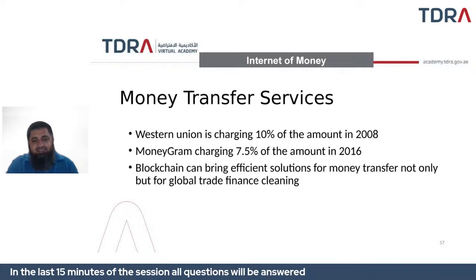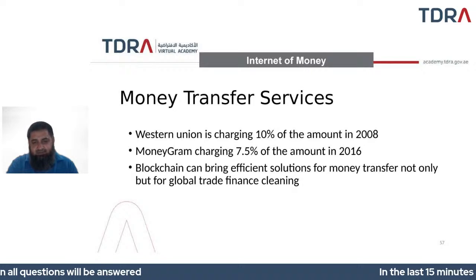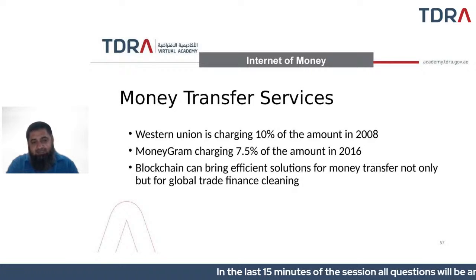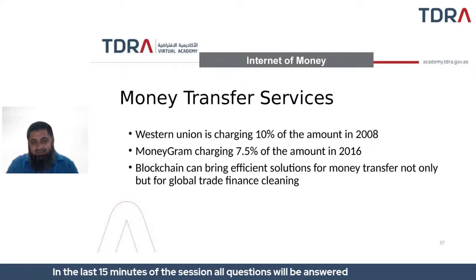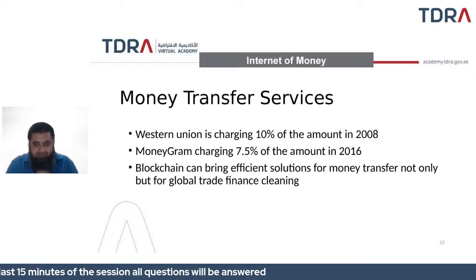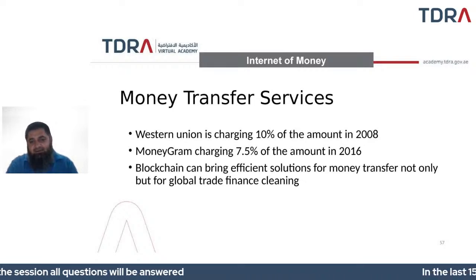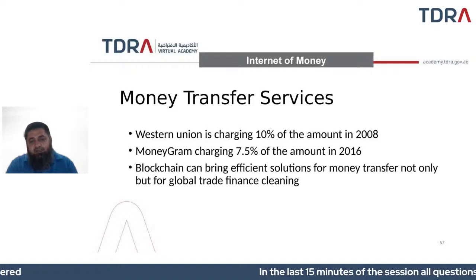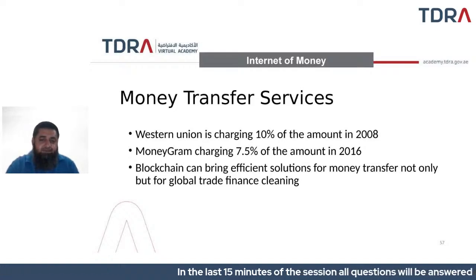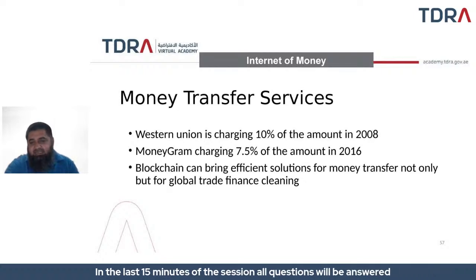And MoneyGram is charging approximately 7.5% of the amount. Similarly, for 1000 dirhams, we have to pay 7.5%, meaning 75 dirhams, and that is also a big amount. So blockchain can bring an efficient solution for money transfer, and not only that, but for global trade finance clearing.